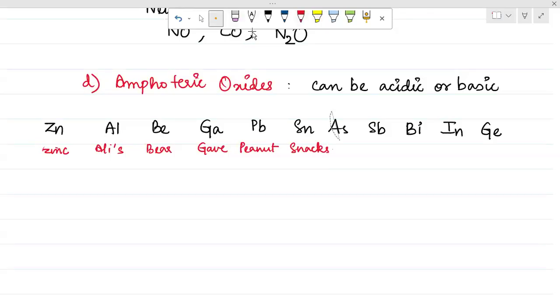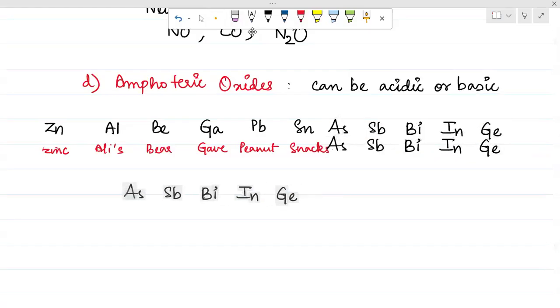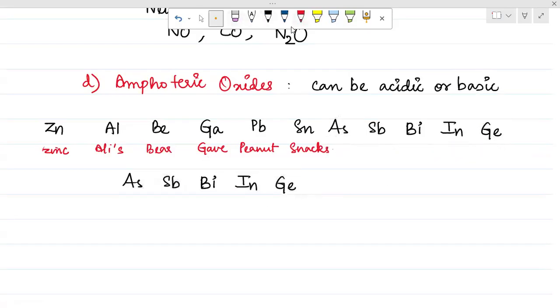This is my first code. Zinc, you have to learn that name. Ali is for aluminium. Bear is for beryllium. Gave is for gallium. Peanut is for lead. Tin, snacks, SN. Arsenic, antimony, bismuth, indium, germanium.